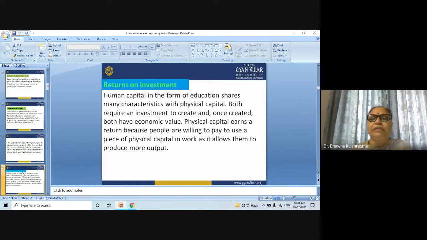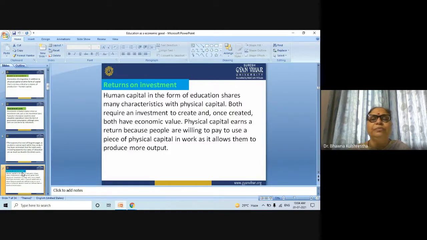Physical capital earns a return because people are willing to pay to use a piece of physical capital in work, as it allows them to produce more output.